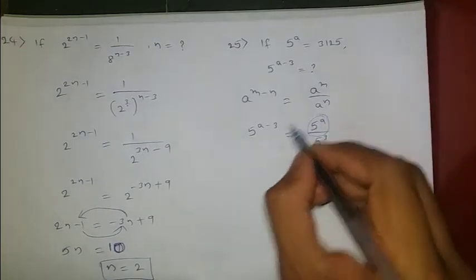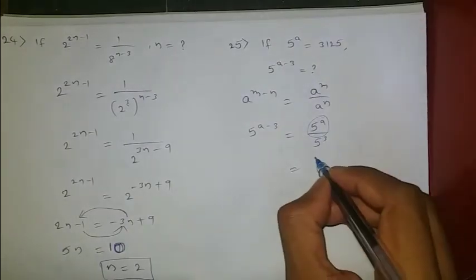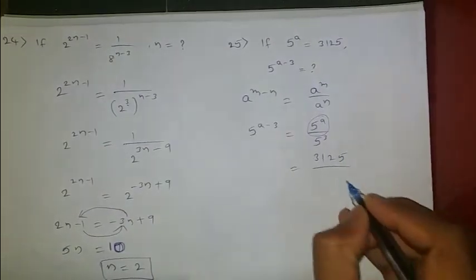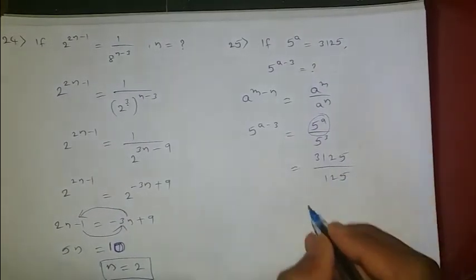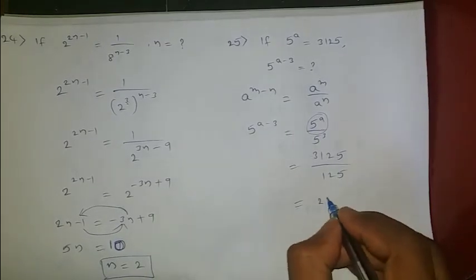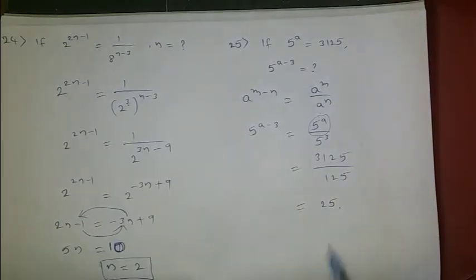Already we know the value of 5^a, that is 3125, divided by 5 cube, 125. So 3125 divided by 125. So the final answer is 25.